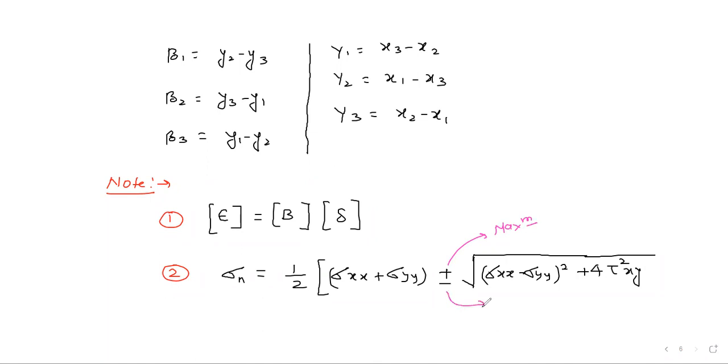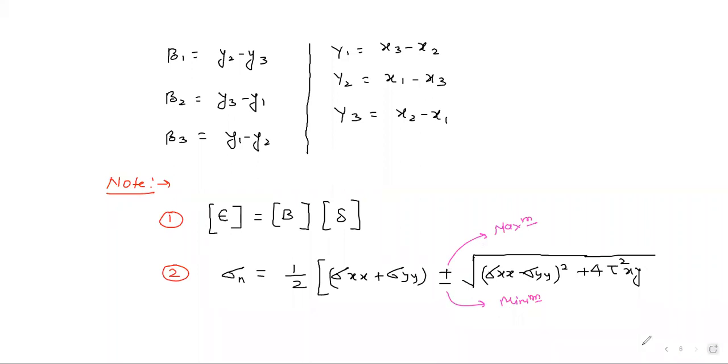If you use the minus sign, you will get the minimum. So maximum normal stress will be half sigma xx plus sigma yy plus the root, and for minimum, in place of plus we will apply minus. So they can ask this also, calculate maximum normal stress, calculate minimum normal stress.